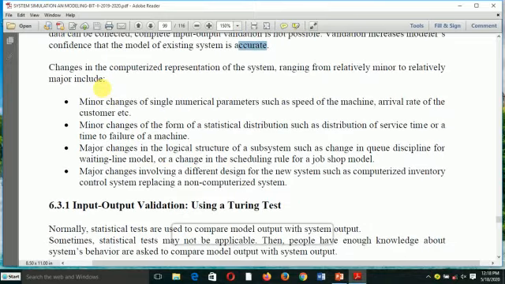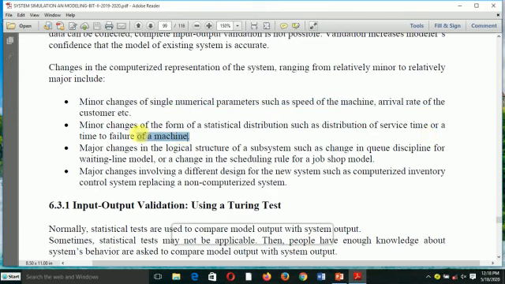What will happen? A minor change is a change of single numerical parameters, such as the speed of the machine or the arrival rate of the customers. You can have a minor change in the form of a statistical distribution, such as the distribution of service time, or minor failure of the machine.